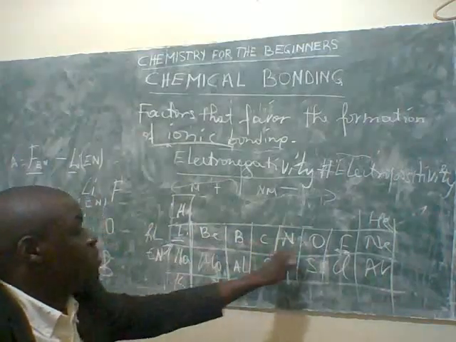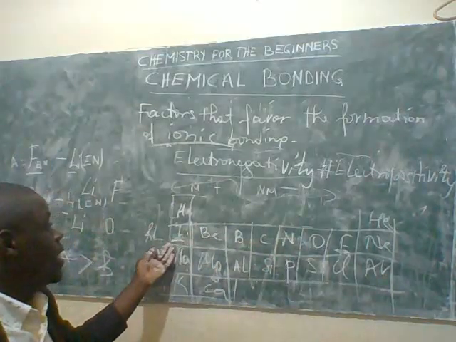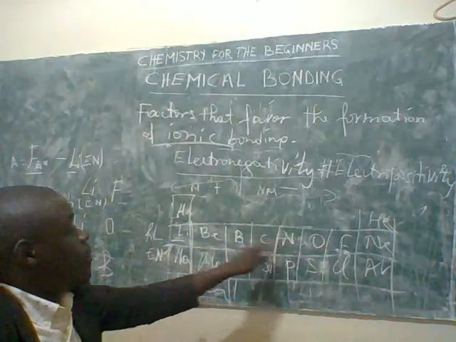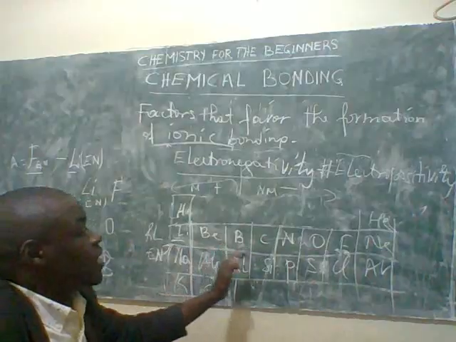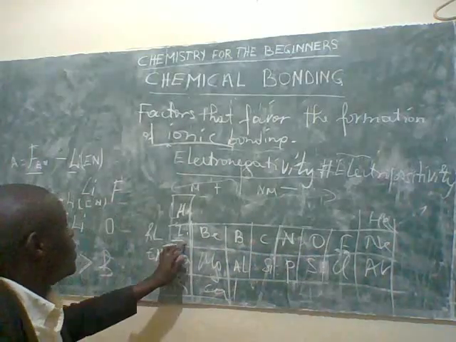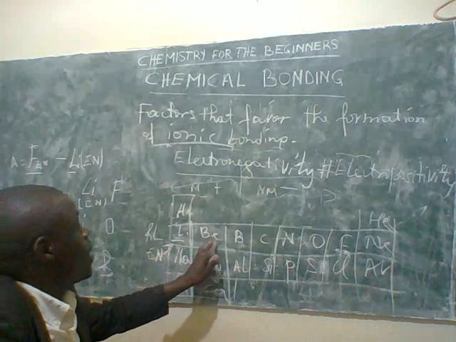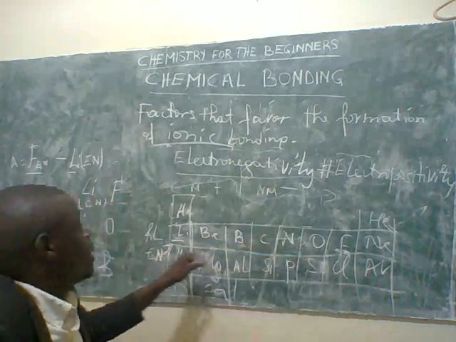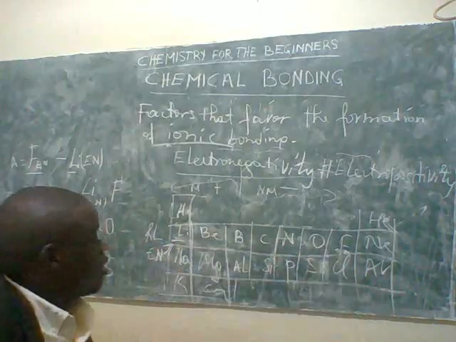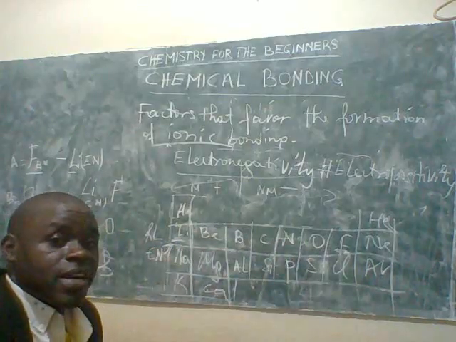If it is beryllium oxide and they are comparing it to beryllium fluoride, beryllium oxide is less ionic compared to beryllium fluoride, and it is very much less than lithium fluoride. Lithium fluoride is very ionic.